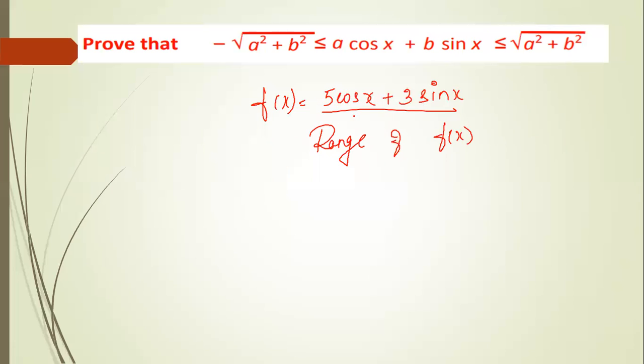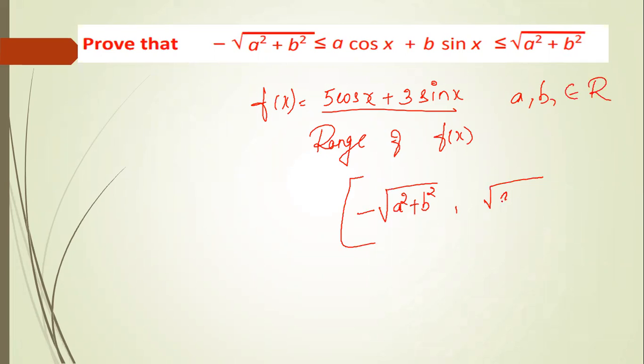So if you have functions in the form a cos x plus b sin x, where a and b are some real numbers, then directly without any doubt you can say the range is the closed interval minus square root of a square plus b square, comma, plus square root of a square plus b square.